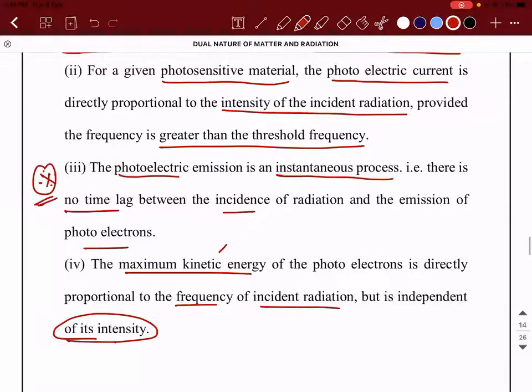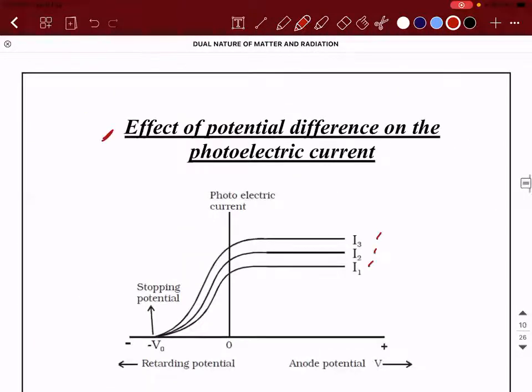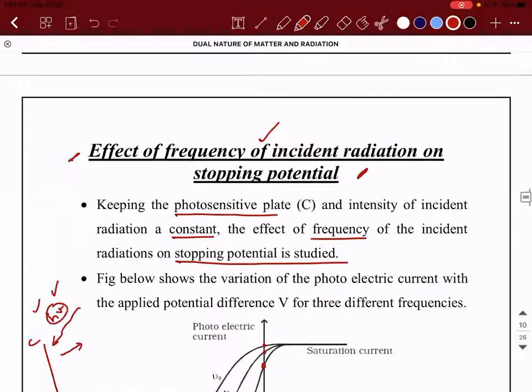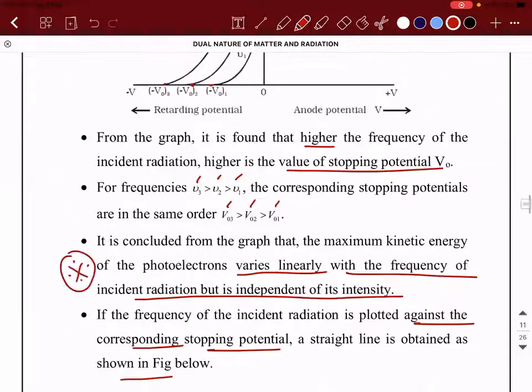Right. What we did in this experiment: even if you increase the intensity by keeping the frequency constant, the stopping potential came out to be the same value. Whereas when you increase the frequency, keeping the intensity constant, it was observed that the stopping potential also increased.